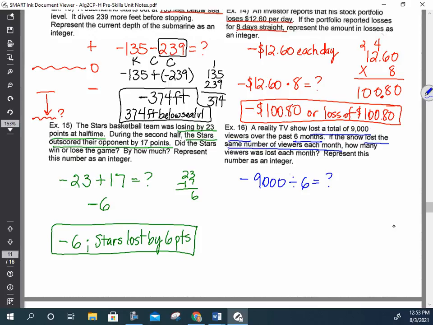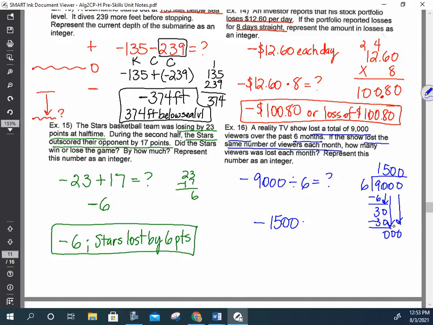So if we work it out, a negative divided by a positive is negative. So we work out 9,000 divided by 6. So 6 goes into 9 once. Bring down the 0. 6 goes into 30 5 times. Bring down the 0. 6 can't go into 0. And 6 can't go into 0. So that's negative 1,500. That's representing the number as an integer.